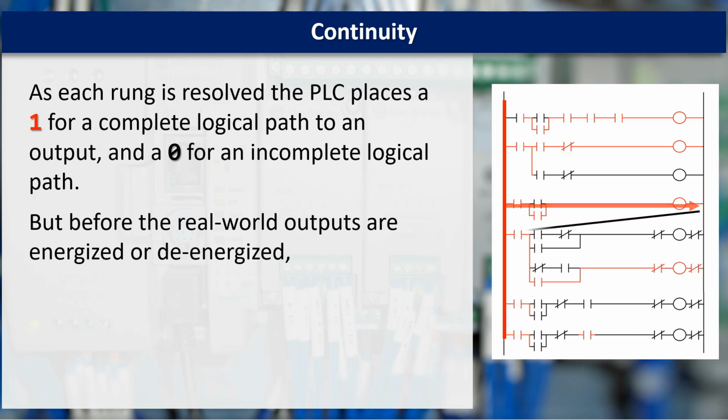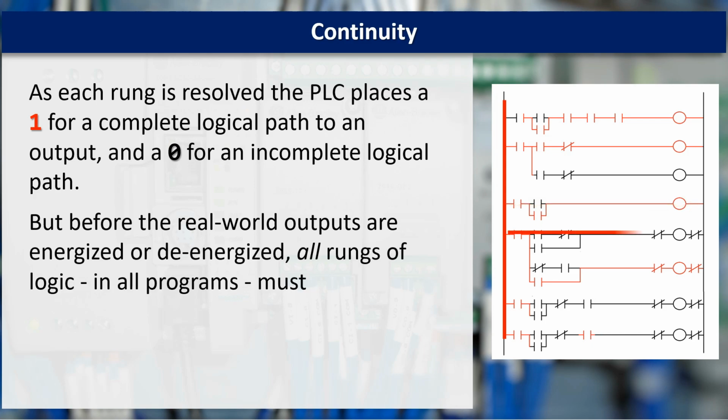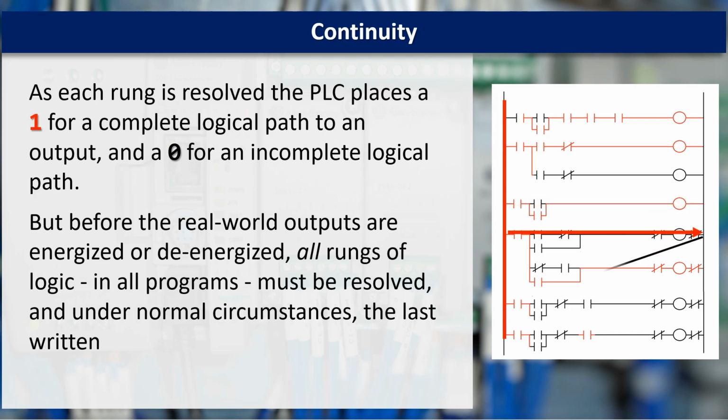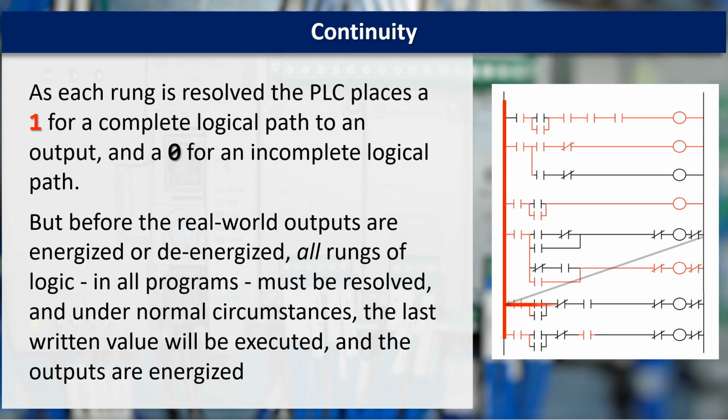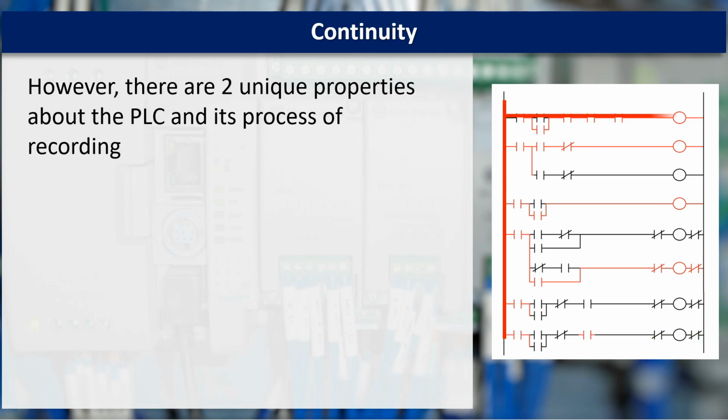But before the real-world outputs are energized or de-energized, all rungs of logic in all programs must be resolved, and under normal circumstances, the last written value will be executed, and the outputs are energized or de-energized. However, there are two unique properties about the PLC and its process of recording output values.